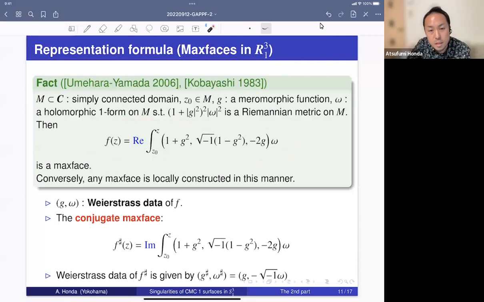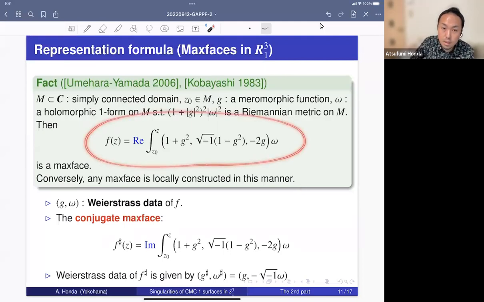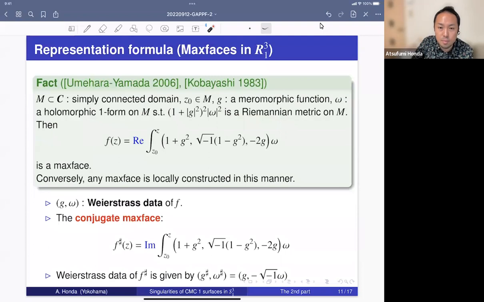Then F(z) gives a maxface. Conversely, any maxface is locally given in this way, so this is the so-called Weierstrass type representation formula.